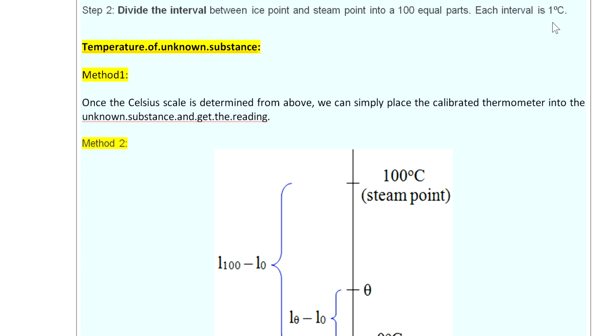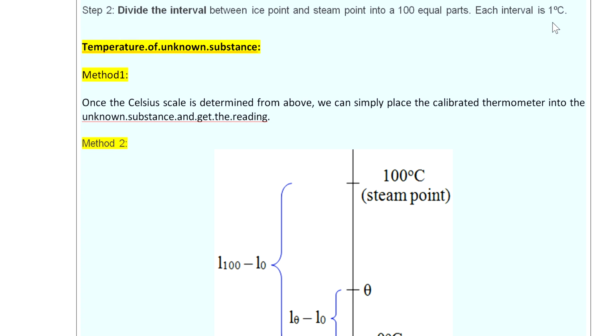So method 1 is very easy: once we are done with calibration, we straight away see the thermometer, see the number of divisions and the associated temperature, and find it in degrees Celsius. For example, 50 divisions, 50 degrees Celsius, 70 divisions, 70 degrees Celsius.